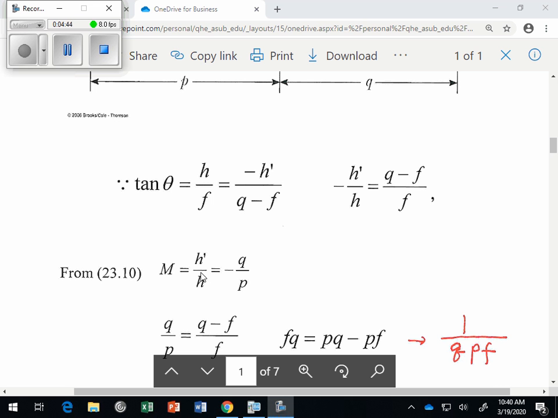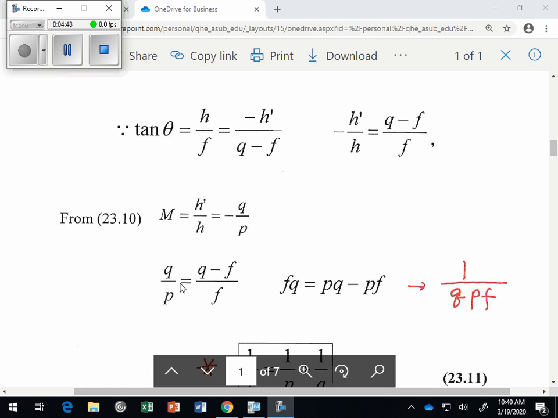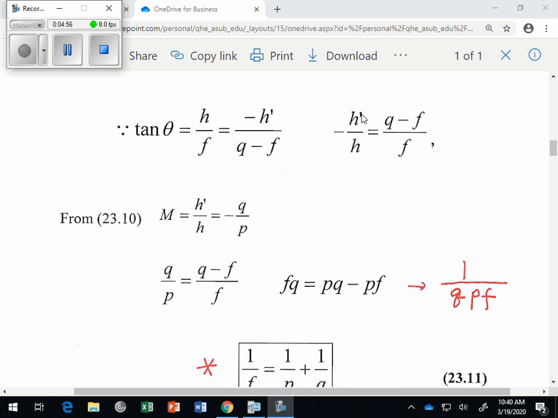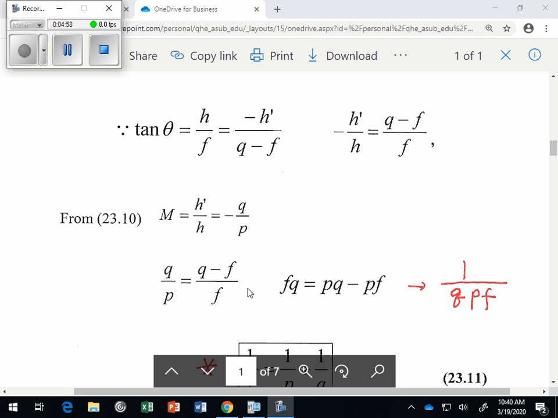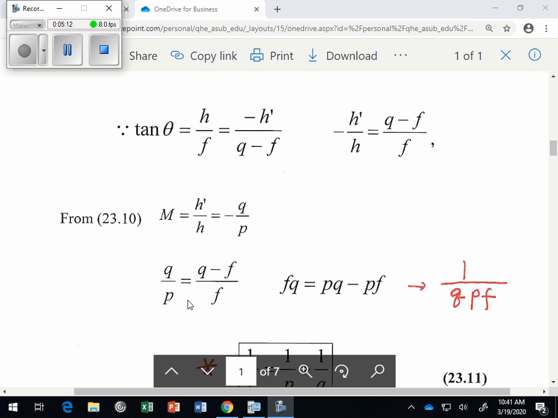So we replace the negative of h prime over h with q over p, and we have q over p equals q minus f over f. So now we only have the focal length, object distance, and image distance.